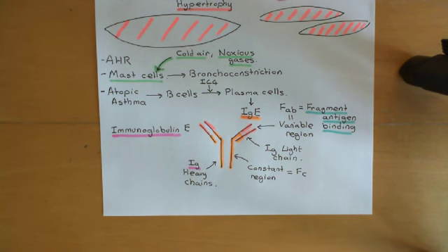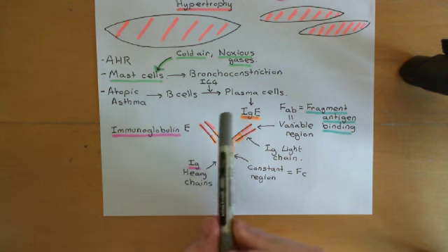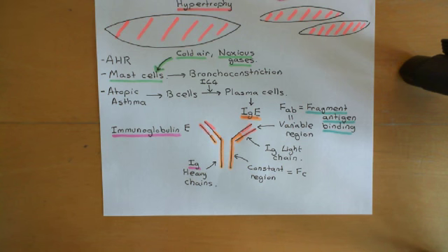Now, although this portion is called the constant region, there are actually different constant regions that you can use, basically, when you produce an antibody molecule. So if a B cell wants to produce an antibody molecule, it has a special variable region that it is fixed in making, and that's the portion that is directed against a certain epitope of an antigen.